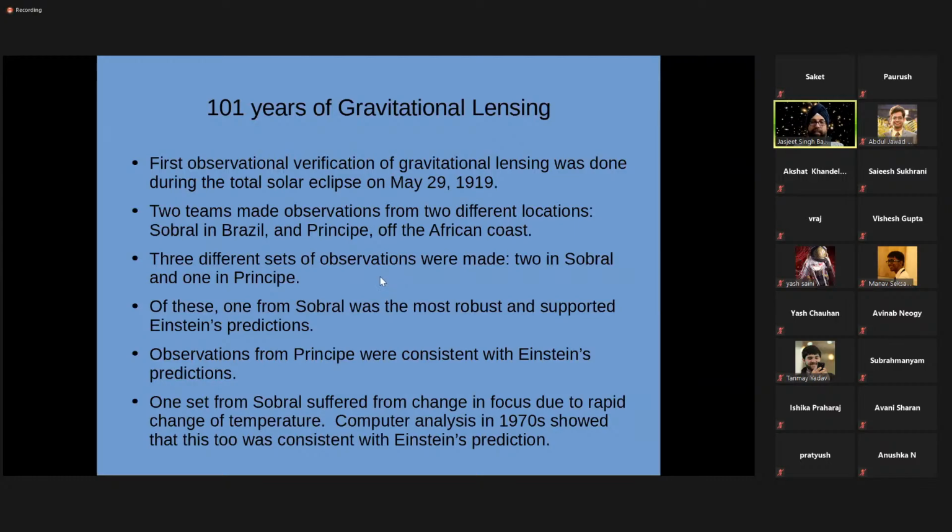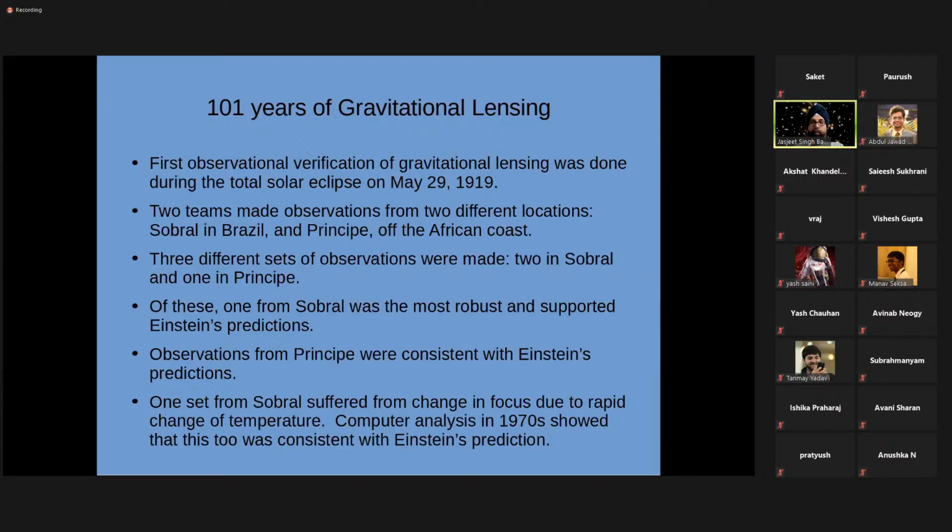At Sobral, Brazil, the team took two telescopes because England had something called a permanent joint eclipse committee between the Royal Society and the Royal Astronomical Society. And it had gentlemen astronomers who were not professionals, and it also had professional astronomers combining their efforts.